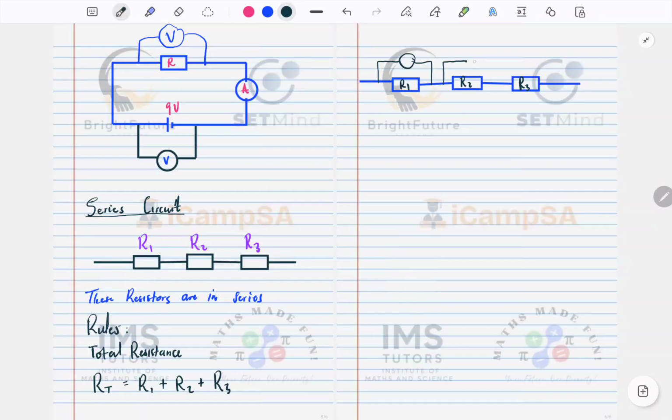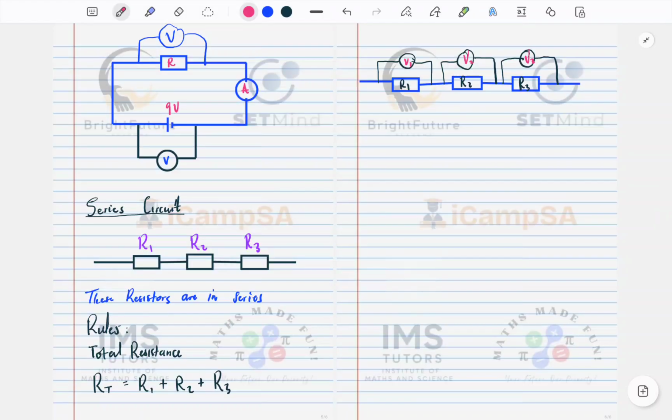So this is gonna be our V1, V2, V3. Okay, this is how we measure voltage here.